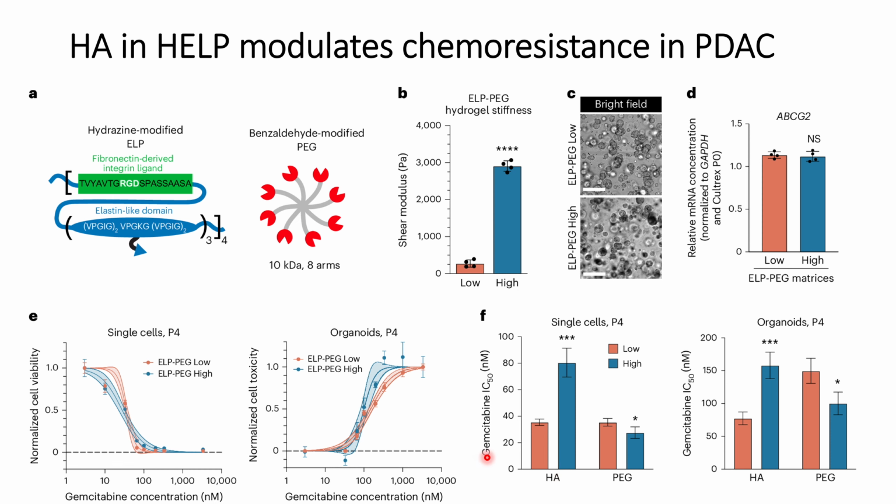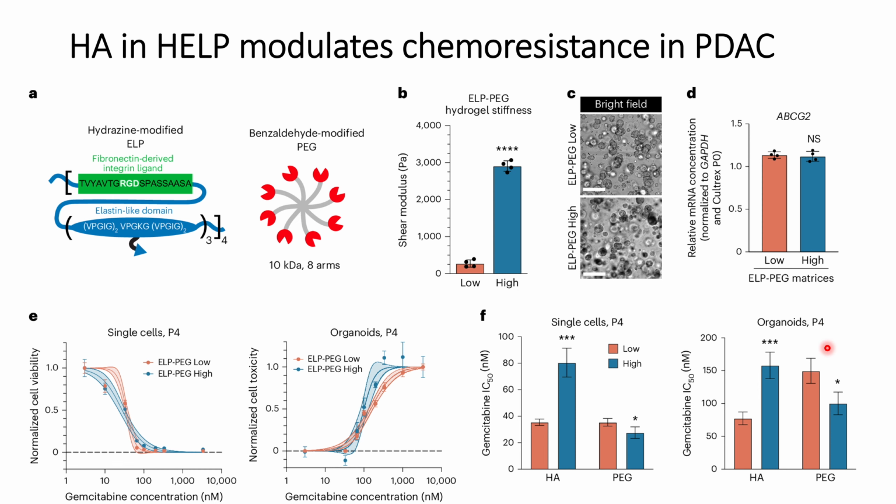And when they use this ELP PEG high, they can see a reduction in the gemcitabine requirement to reduce the biological functions by 50%. So this further substantiates their previous finding that it's the HA in the HELP matrices that contributes towards this chemoresistance in the PDAC.